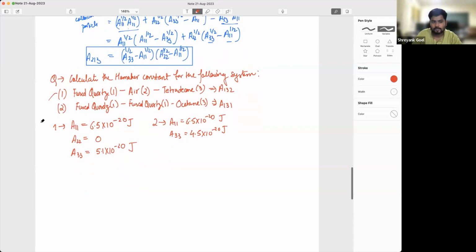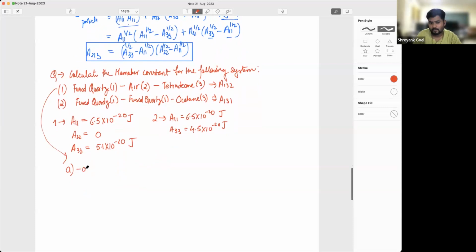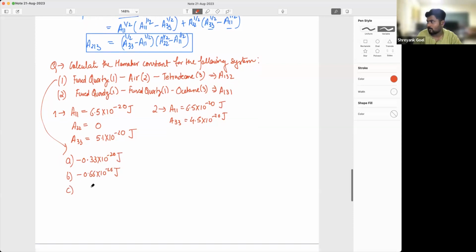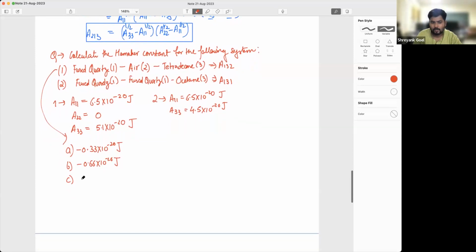So for the first case, options are minus 0.33 into 10 to the minus 20 Joule, minus 0.66 into 10 to the minus 20 Joule. Then I have 0.33 into 10 to the minus 20 Joule, and 0.66 into 10 to the minus 20 Joule.